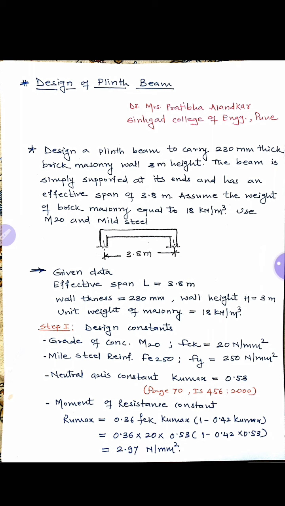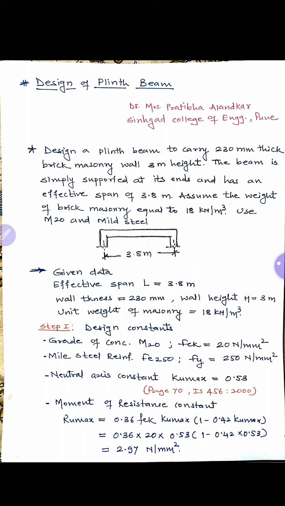Because when you are going to start with your project work, first what we have to do is design of plinth beam. The difference in plinth beam and floor beam is load considerations, that we will see at time of load calculations.